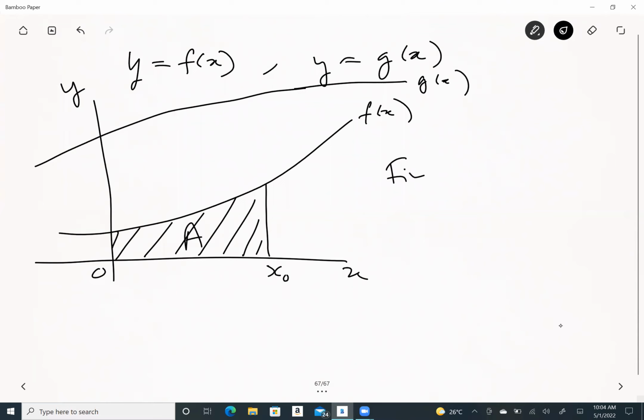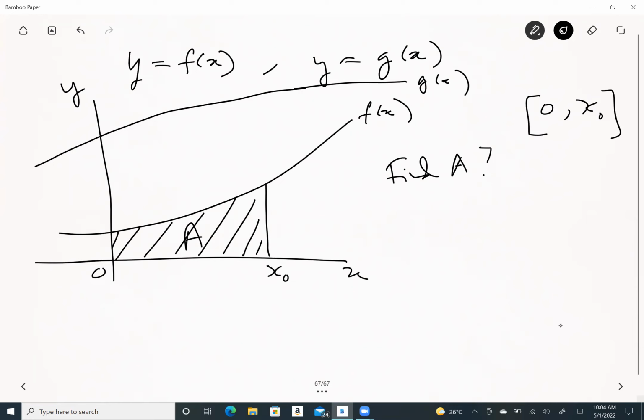So now we start with a simple thing first. Find A over the interval 0, x0. Now tell me, how can I find the area A? We don't want to find the value.